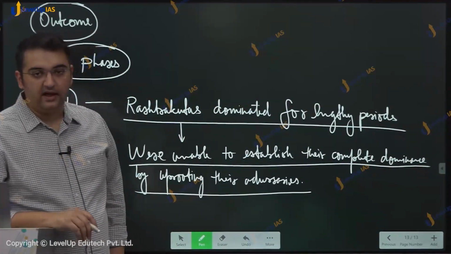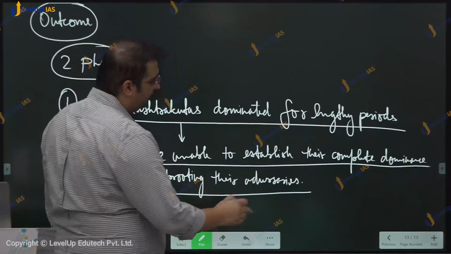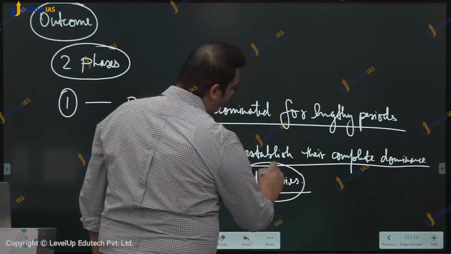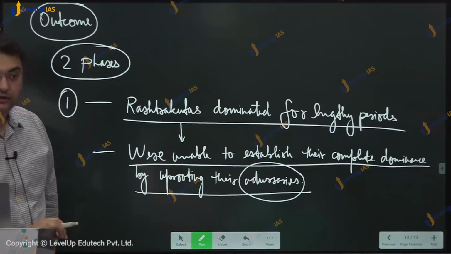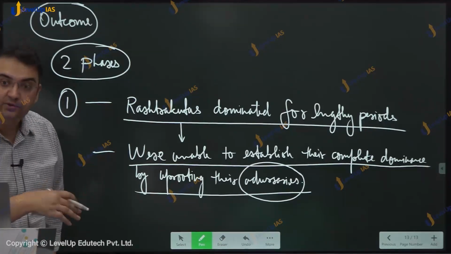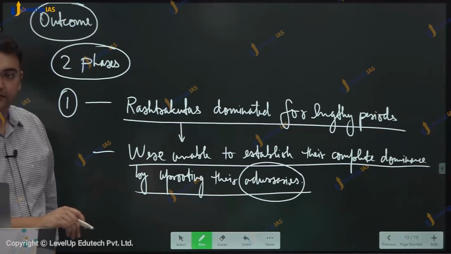Okay? And what was the result of this? Their adversaries, although they were weaker, always presented a challenge to the Rashtrakutas, which they had to continuously compete against.